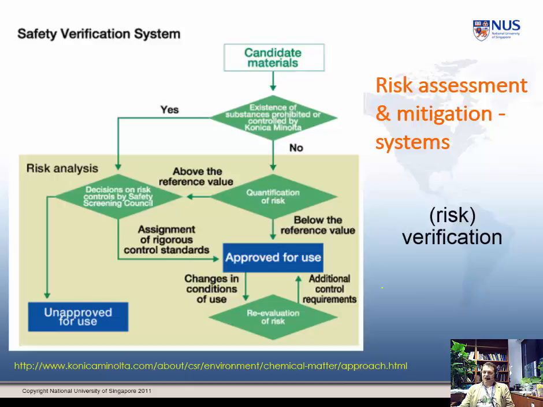First of all, your company, and Minolta are no exception to that, has a substance register which has those substances in it that have been disallowed on the plant for either safety or legal reasons.